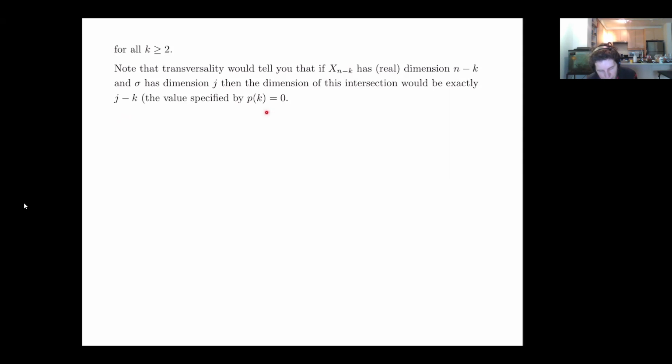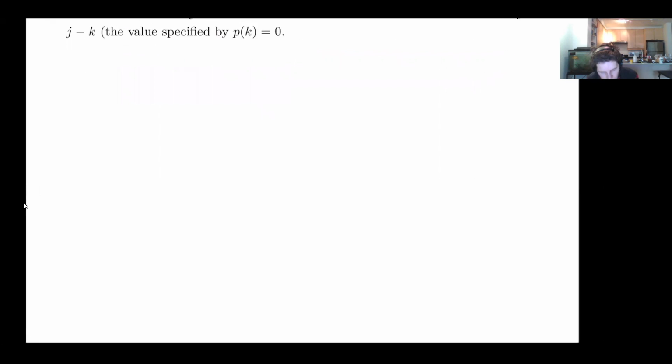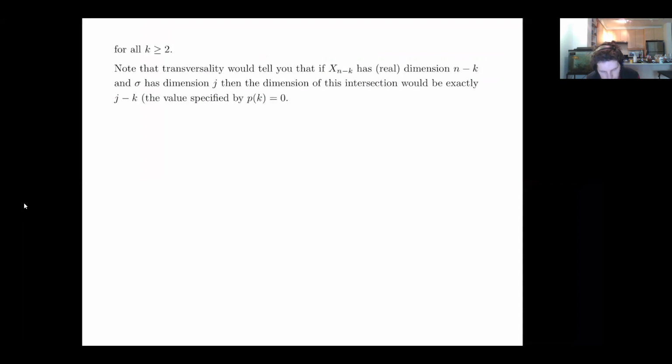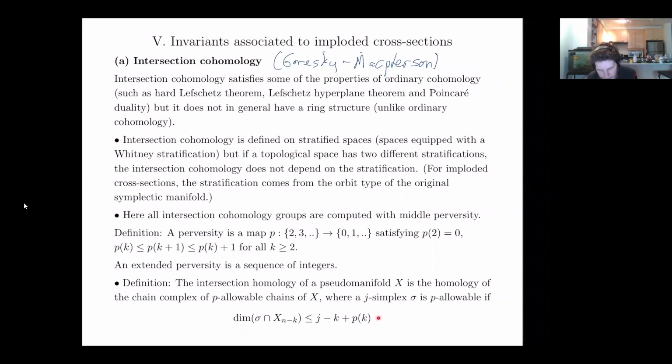And that would be the value specified by P of k equals 0. So what the perversity measures is basically how far you are away from transversality. This is basically what the perversity is telling you, that the intersection has bigger dimension than you would predict from transversality.